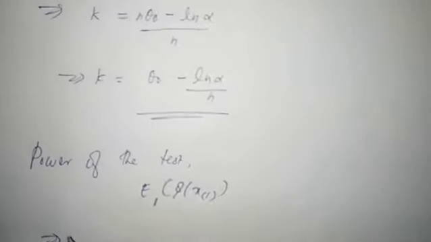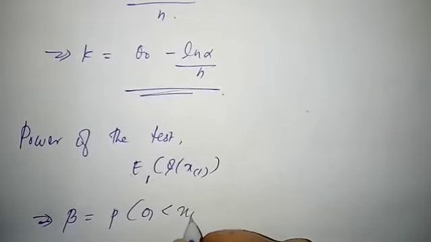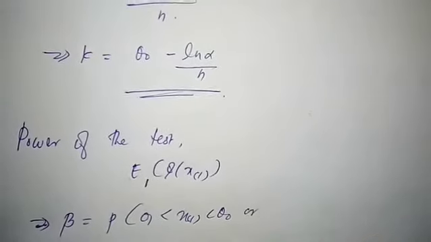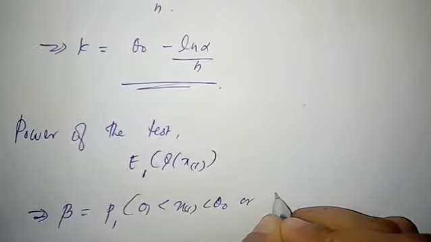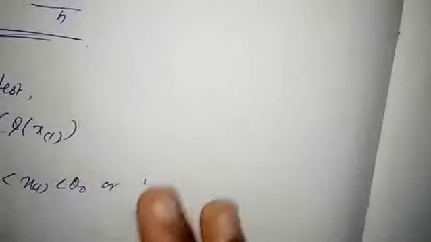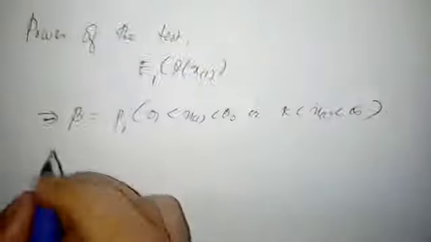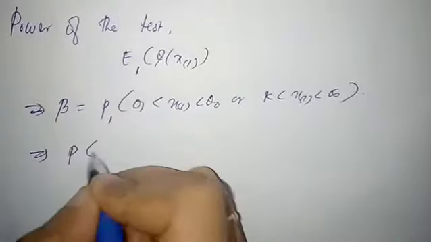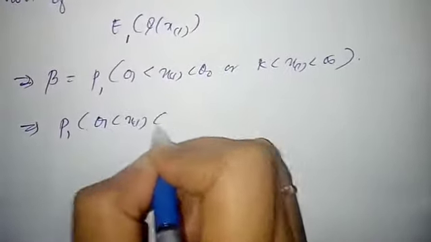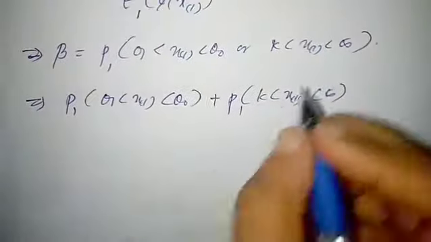This implies beta equals the probability that theta 1 is less than x1 less than theta naught, or k less than x1 less than infinity, under H1. This is the probability of theta 1 less than x1 less than theta naught plus the probability of k less than x1 less than infinity, under H1.